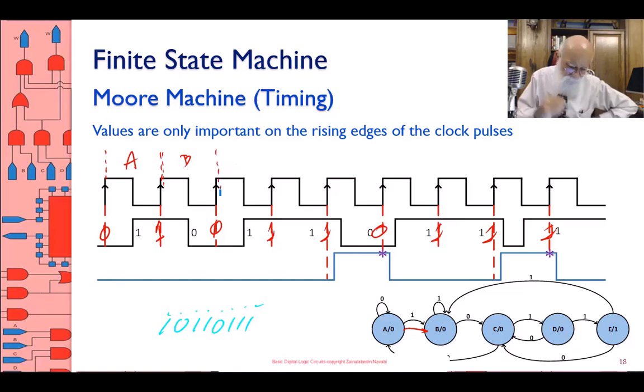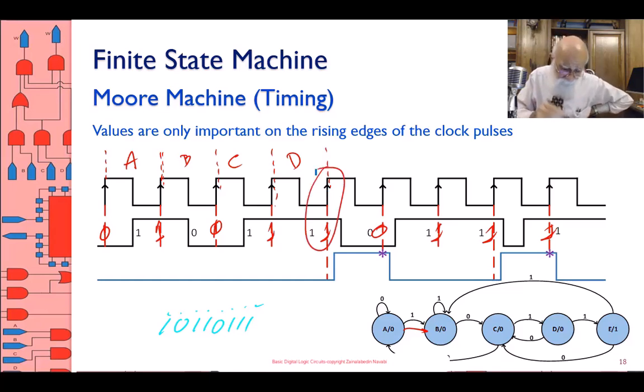The next edge of the clock is in state B, and I'm seeing a 0 on the input, therefore I go to state C. I don't change this state until the next edge of the clock. On the next edge of the clock, I have C and a 1 as input, and therefore I go to state D. In state D, I see a 1 on the input, and therefore the next state, which changes after the edge of the clock, is state E. In state E, what do I see?